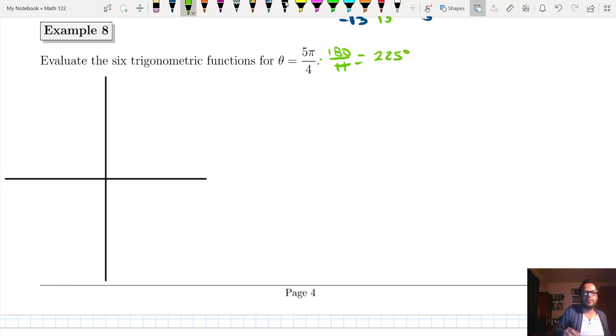All right. So 225. So from 180. Okay, so this is 180 plus 45, right? Let me leave the 180 for later. Let me do the initial and terminal.